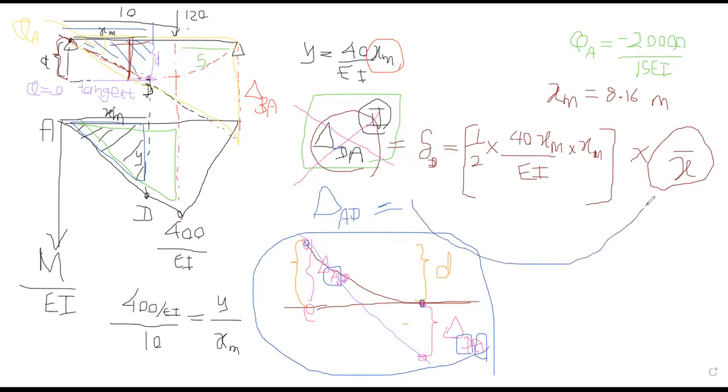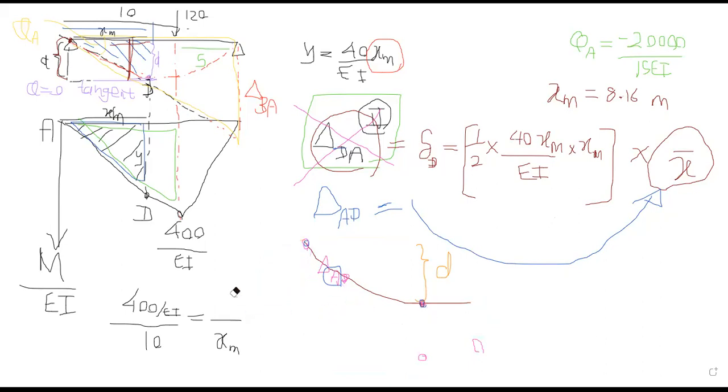So this x would be how much? 10 into, sorry, not 10. So this x is, it's 8.86 the total height.